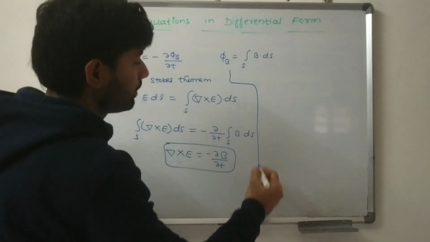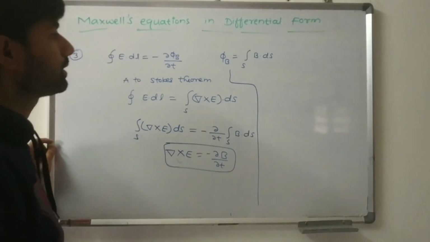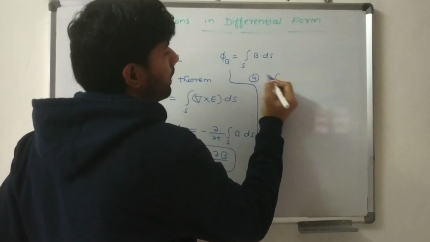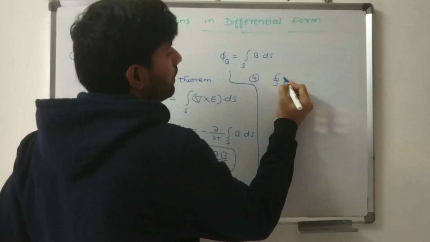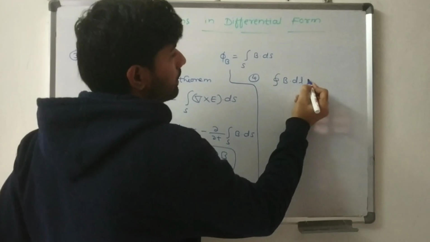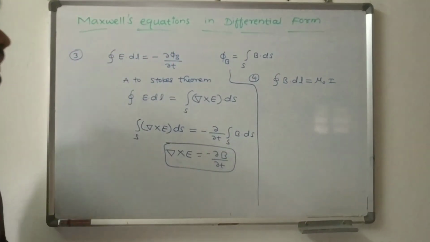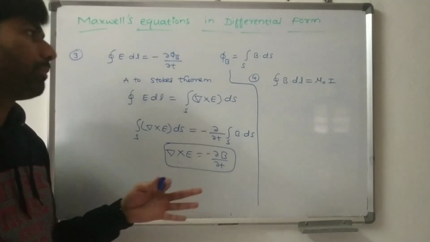Similarly we will find out the fourth Maxwell equation in differential form. According to Ampere's law we can write the line integral B dot dl is equals to mu naught I. Here is one important thing we need to know about Ampere's law.